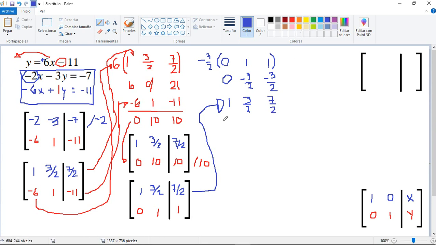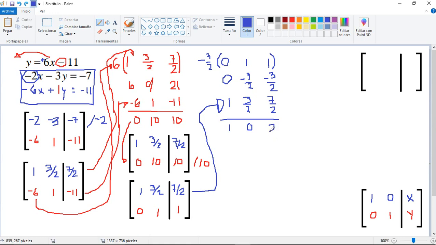Okay. So now we're going to do the addition. 0 plus 1 equals 1. Negative 3/2 plus 3/2, or 3/2 minus 3/2, equals 0. And negative 3/2 plus 7/2, or 7 minus 3, equals 4/2. And we know that 4/2 is 2, or 4 divided by 2 equals 2.